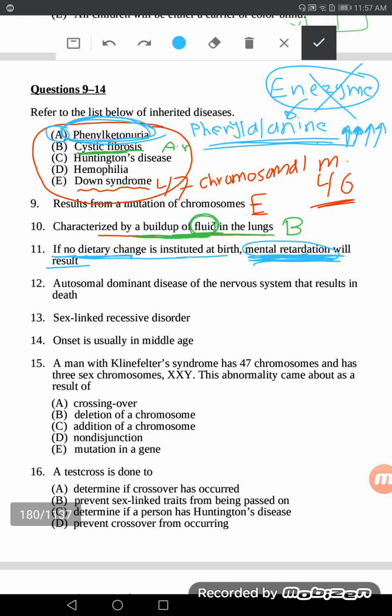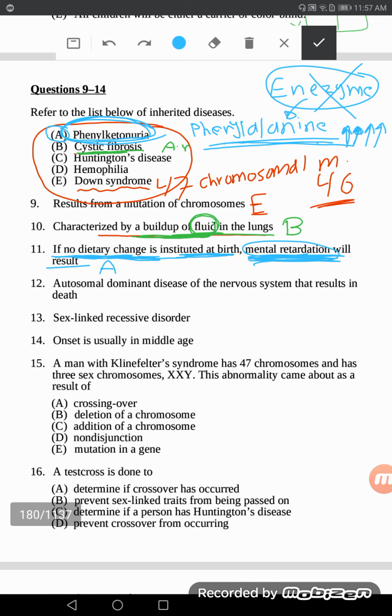But if there is no dietary change at birth, then mental retardation will result. So the answer for question 11 is A.